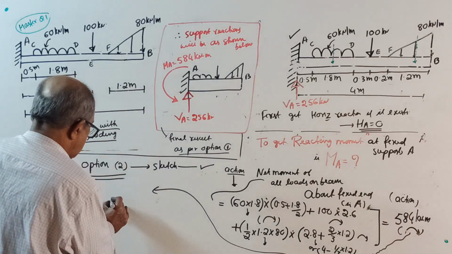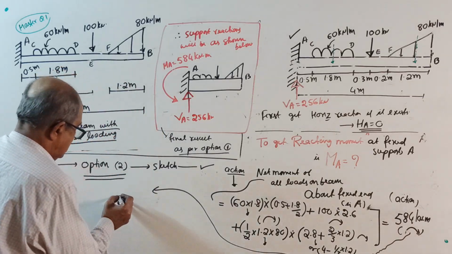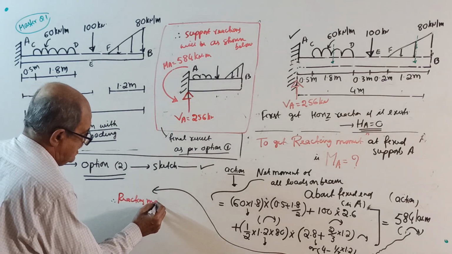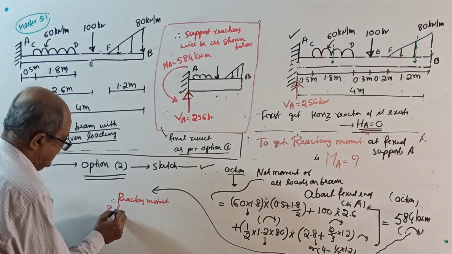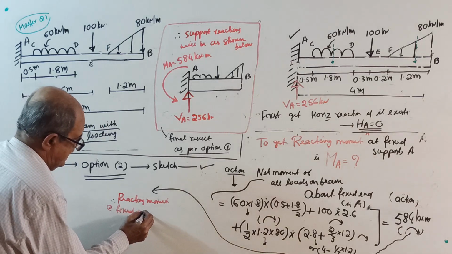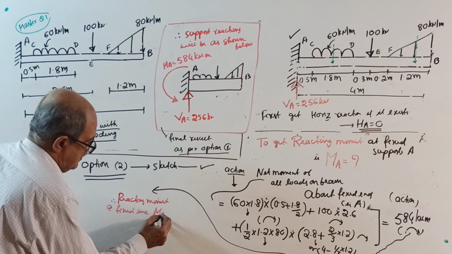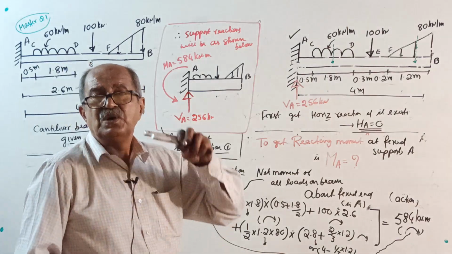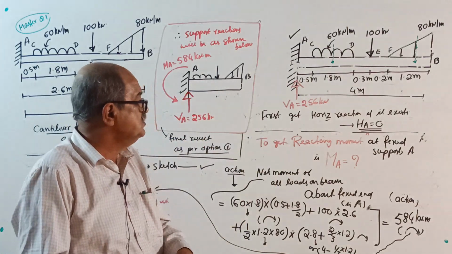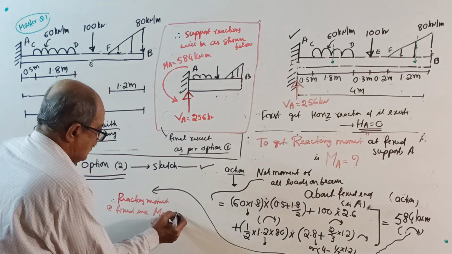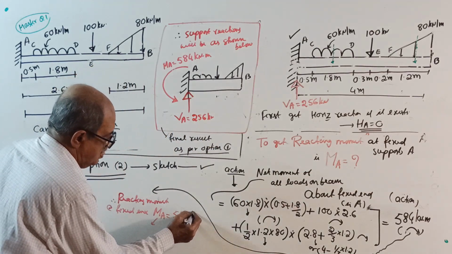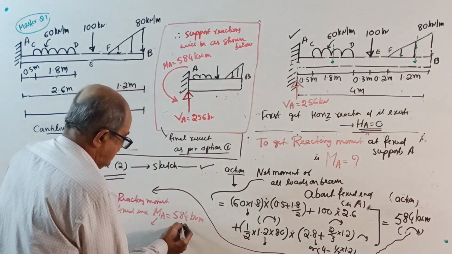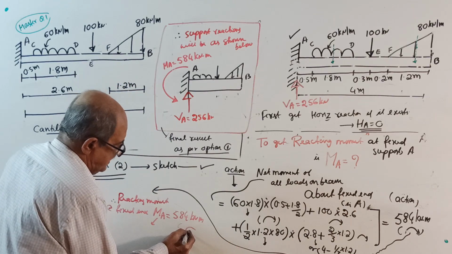Therefore, reacting moment at fixed end MA will be 584 kilonewton meter. Action is clockwise, reaction is anti-clockwise.